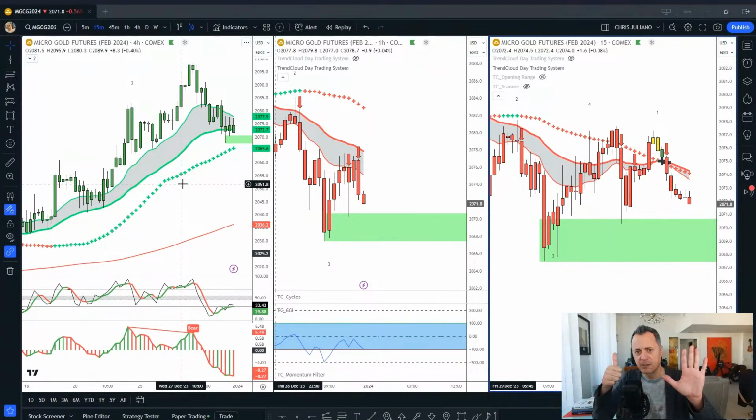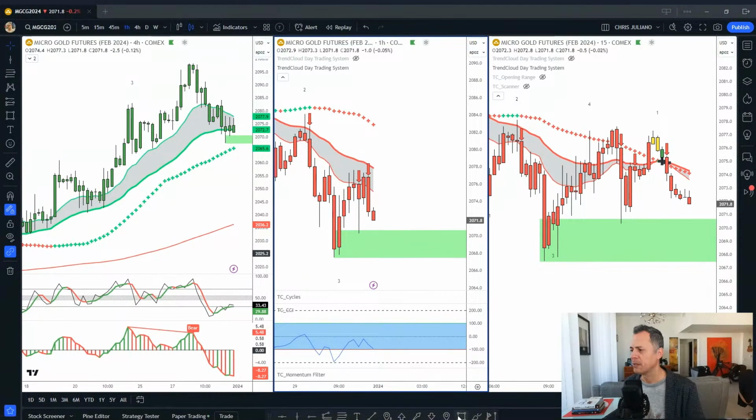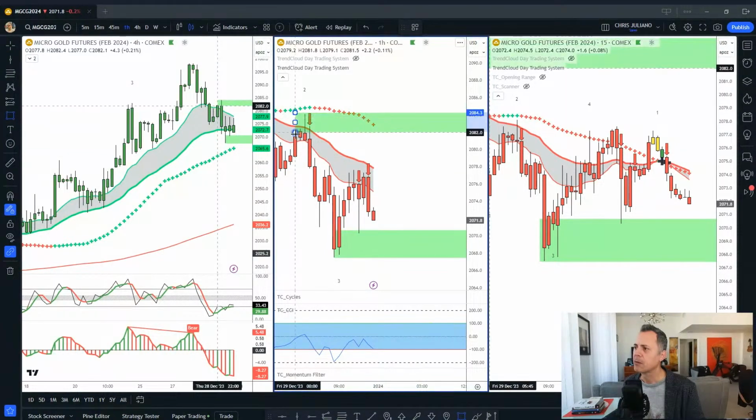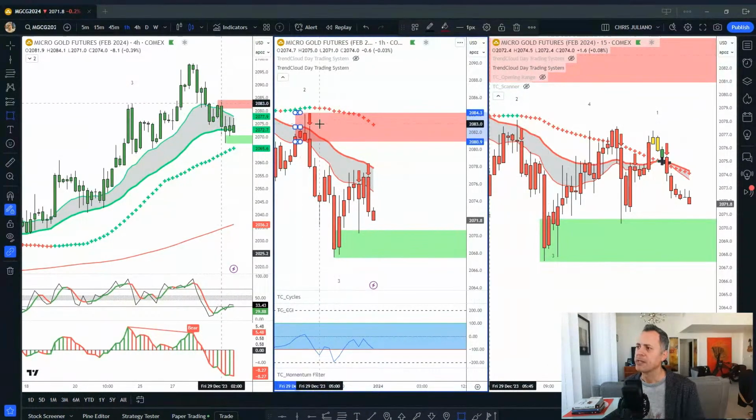And then the 6th element, supply and demand zones, right? Here's a demand zone, and up here would be a supply zone. Rally, base, drop, base, rally.